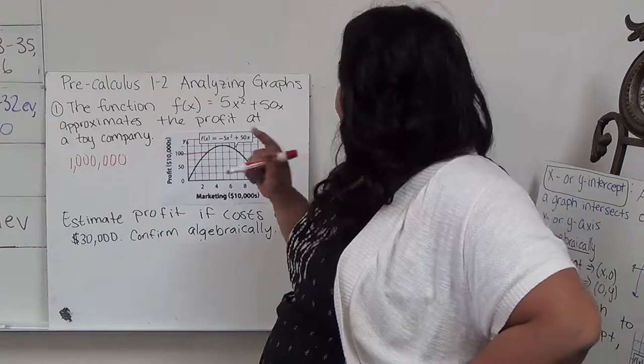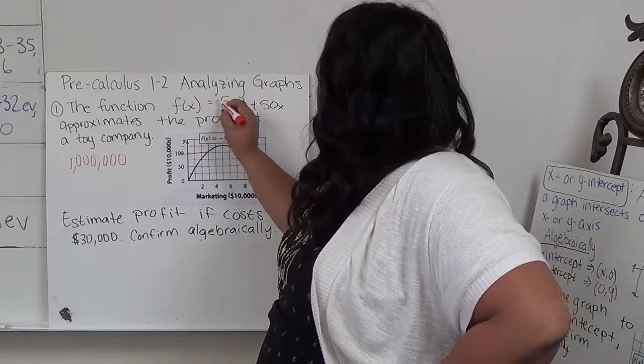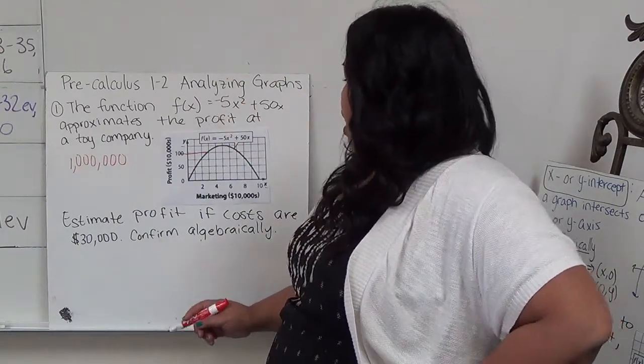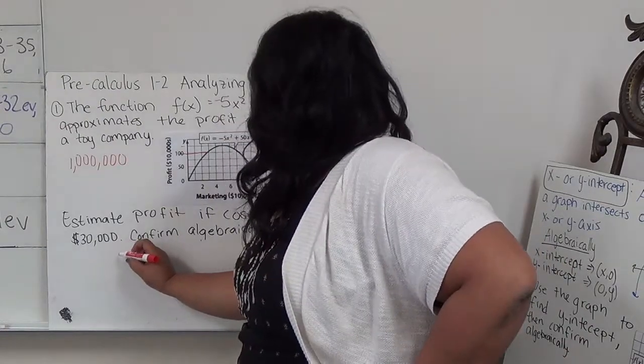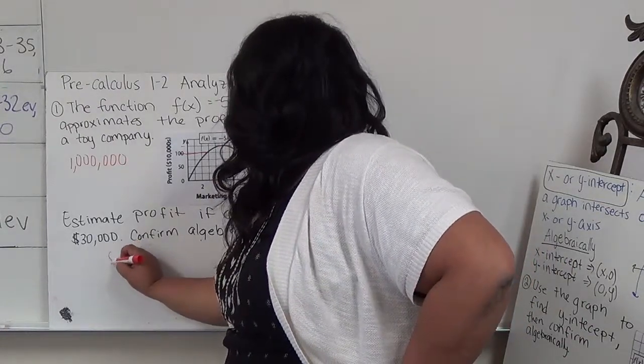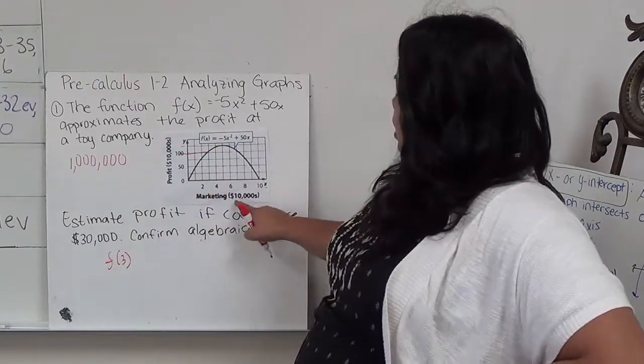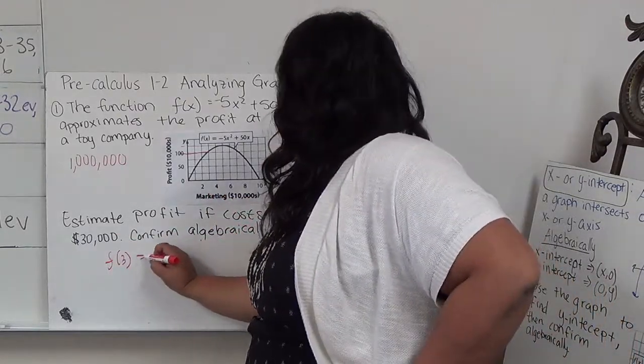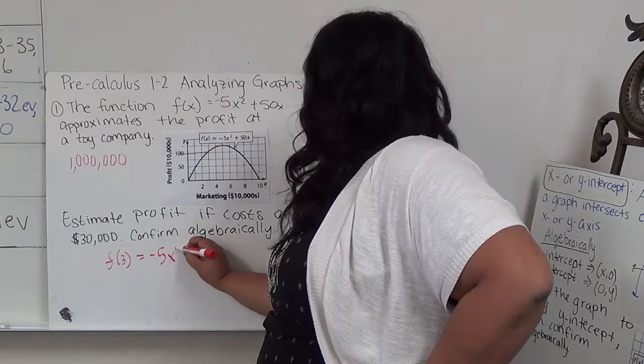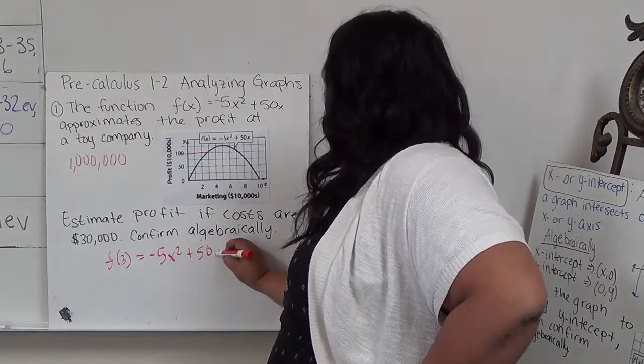So this is supposed to be a negative, because that's where that sign is. So I'm going to plug in 3 for x. And remember, I'm doing that because 30,000 is represented by 3, because it's in 10,000s. Negative 5x squared plus 50x.